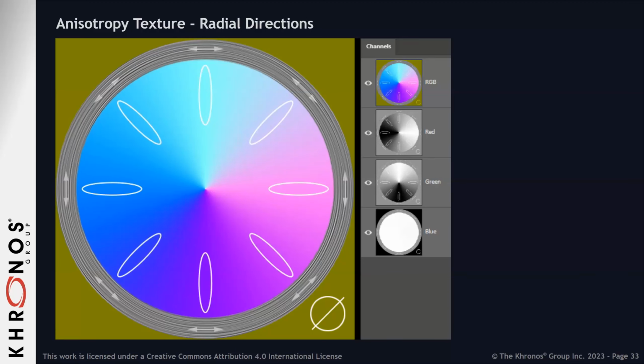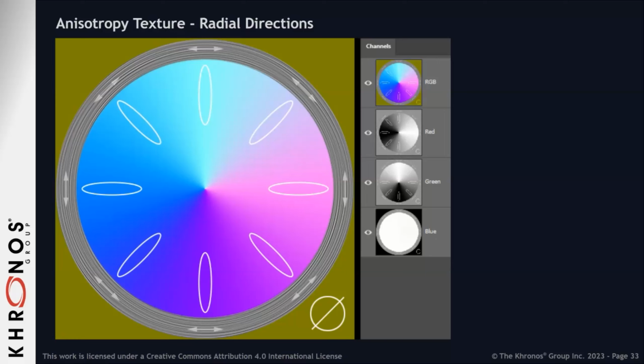So to figure out which colors to use, I made this chart to kind of help me understand it. With brush metal, we want the lighting to be stretched perpendicular to the brushed grooves. So the ellipses in the center there, the white ones, they show the colors that I'll want to use to get specific directions for the stretching. So if my grooves go horizontal, I'll want either a light blue at the top here or a purple at the bottom.